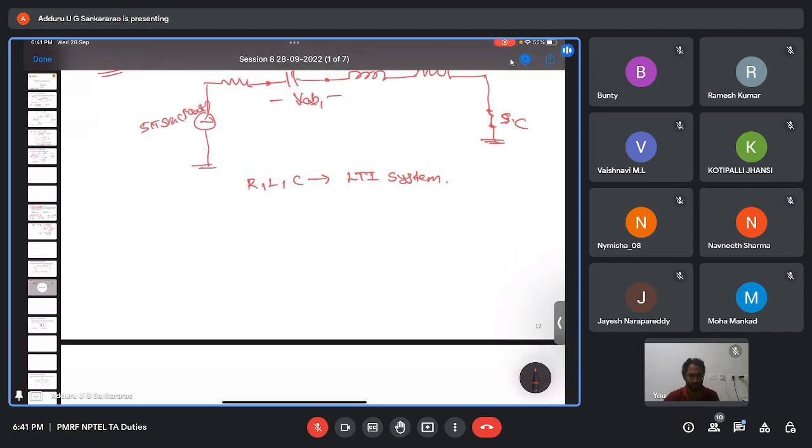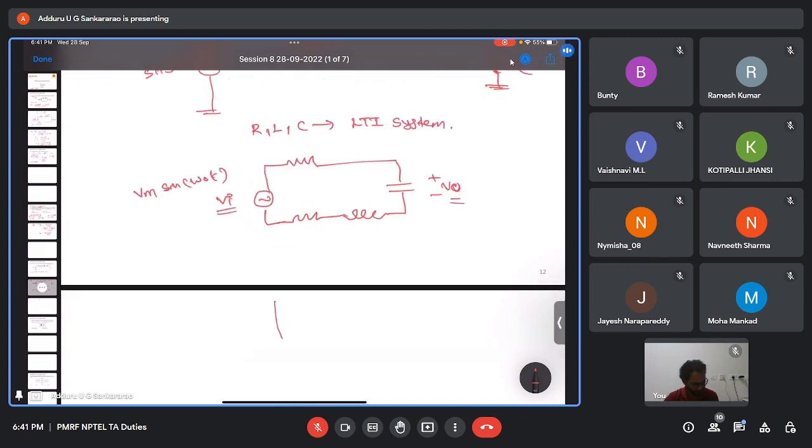Now let us say I'm just redrawing this like this. This is V input, here V output, an LTI system. As input you are giving some sinusoidal voltage, some Vm sine omega naught t. So what will be the output? We have discussed it, right?